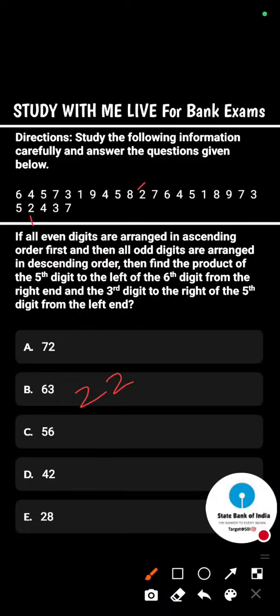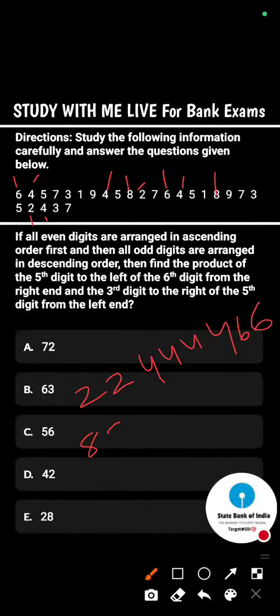Next one, 4. 1, 2, 3, 4. Four 4s. Next one, 6. 1, 2. So two 6s. Next one is 8. 1, 2. So two 8s. So these are the even numbers. Next, odd numbers in reverse order. 9. 1, 2.